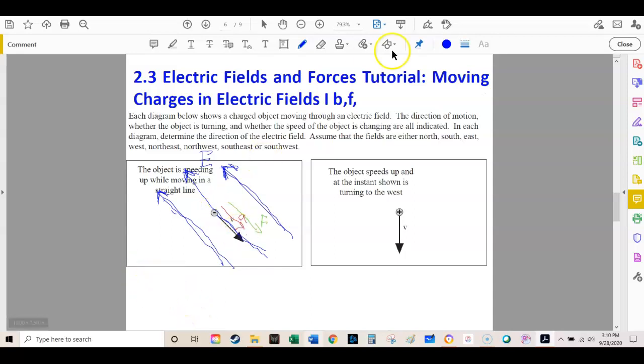Speeding up, again, is where your velocity vector is pointing in the same direction as your acceleration vector. So I'm going to draw a bunch of velocity vectors and define these right here.